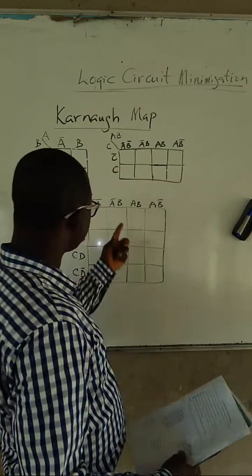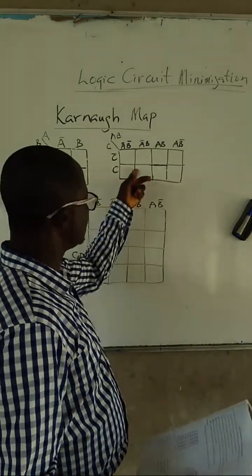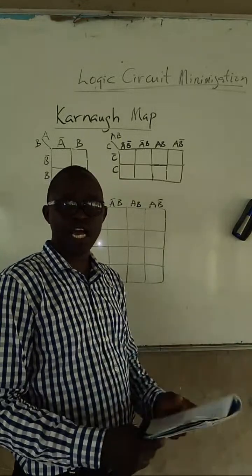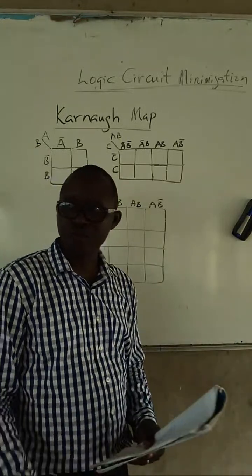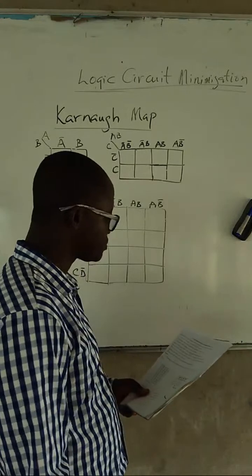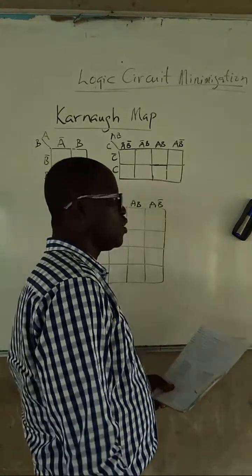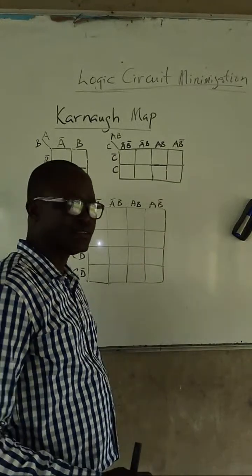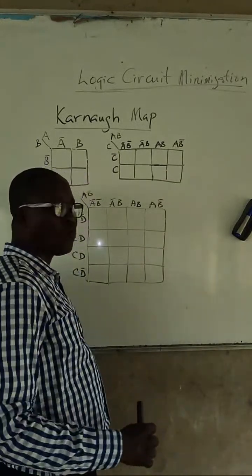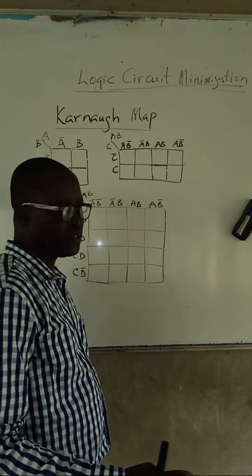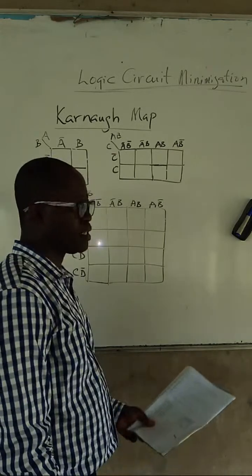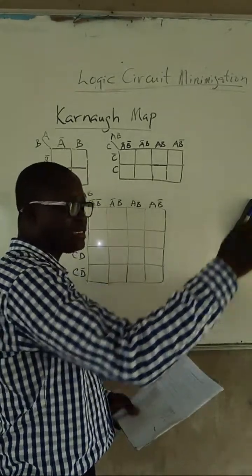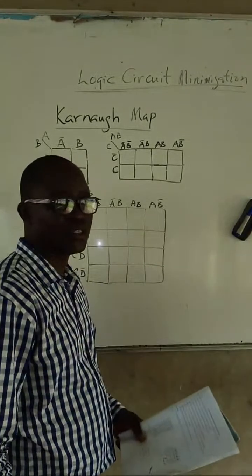So these are the basic knowledge you need to have regarding Karnaugh map. Let me also give you further rules for forming the Karnaugh map. When you have placed the 1s into the cells, then you need to do what we call mapping by drawing a circle around the 1s.